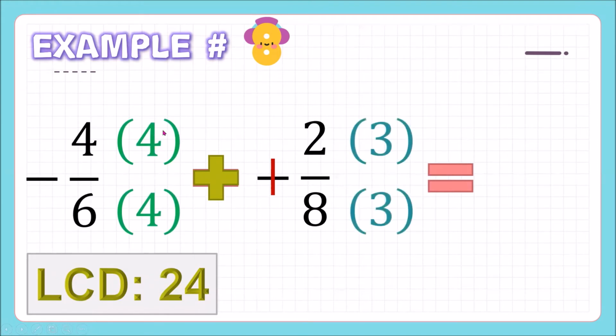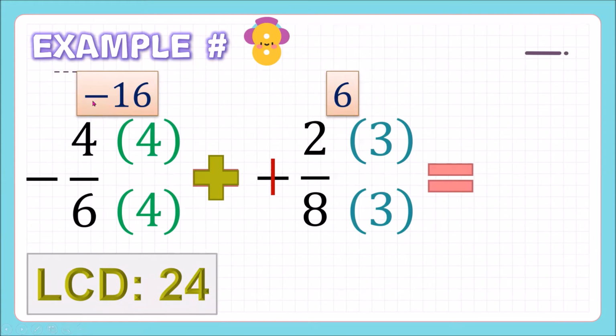So negative 4 times 4, we have negative 16. 2 times 3, we have 6. So again, 6 times 4, 24. 8 times 3, 24. So they are similar, so just copy 24. Negative 16 plus 6. They have different signs, so we need to subtract. 16 minus 6, we have 10.